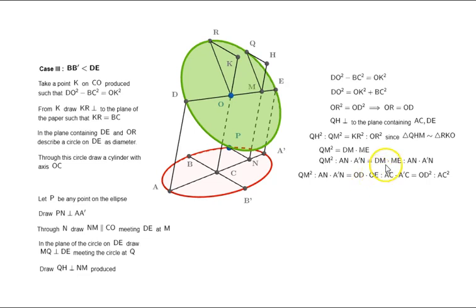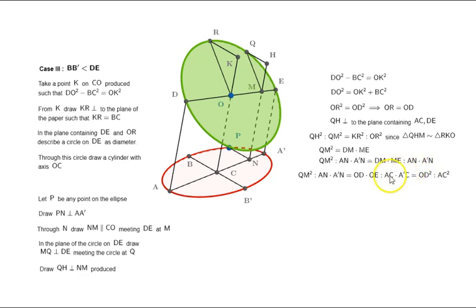Because DM times ME is equal to QM square and DO times OE is equal to OR square. So their ratios will be the same.